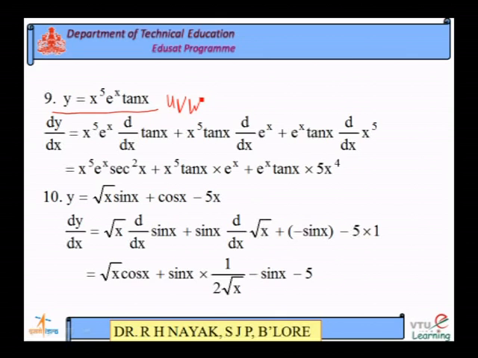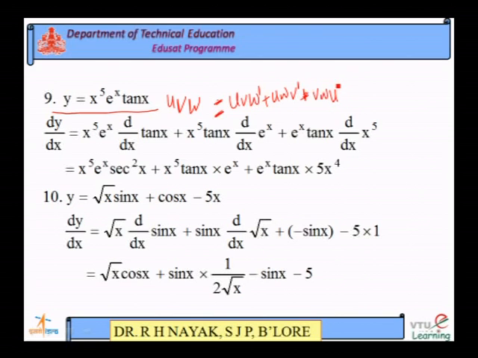There we have to take uv as it is, differentiation of w, plus keep uw as it is, differentiate v, plus keep vw as it is, differentiate u.